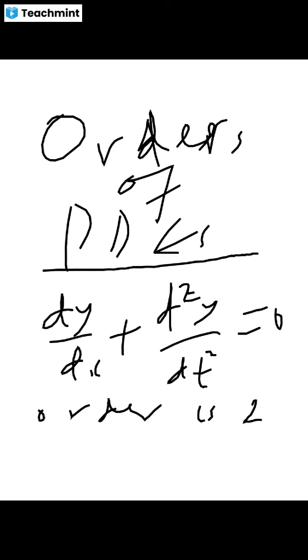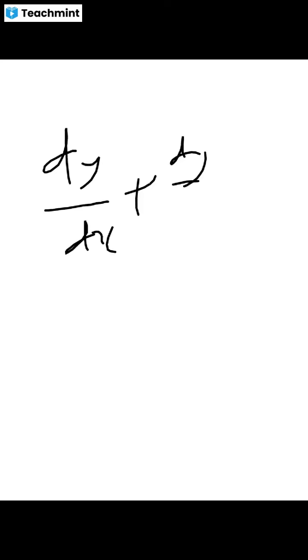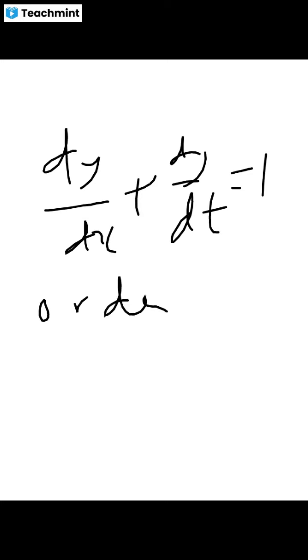For another example, if you have dy/dx plus dy/dt is equal to 1, this is of order 1.